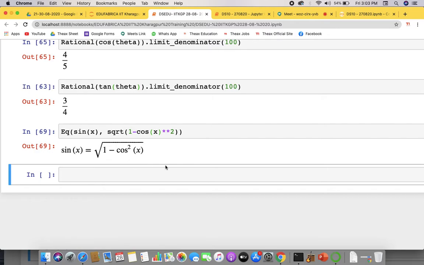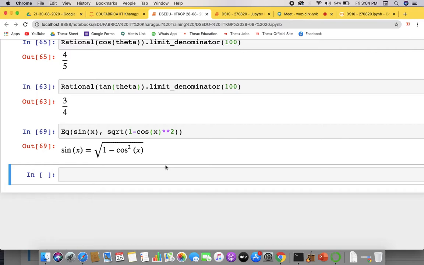Okay, fine. Someone has asked about the rational one, right? Where you define your rational numbers in the form of p by q, that is the standard method of defining any rational number. So you could use that simplify, or you can even use the p by q form.